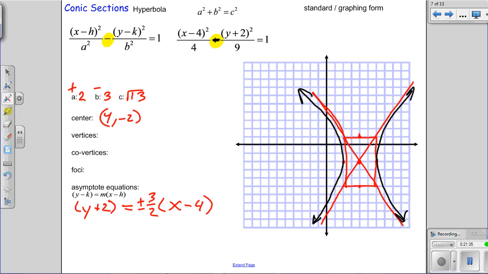So the vertices we'll see right here. So it's going to be 6 comma negative 2. And then the other point is obviously 2 comma negative 2. And then for the co-vertices, those are up and down. So that's going to be 4 comma 1. And I'm literally just pulling it off the graph. And the other one is 4 comma negative 5.